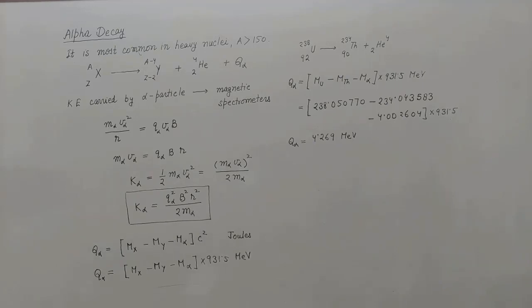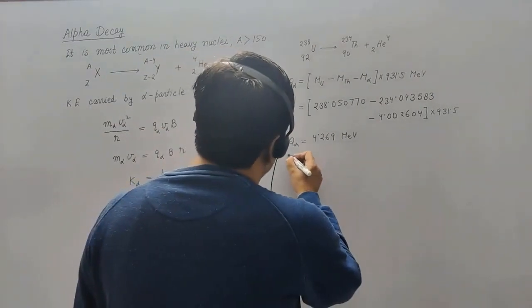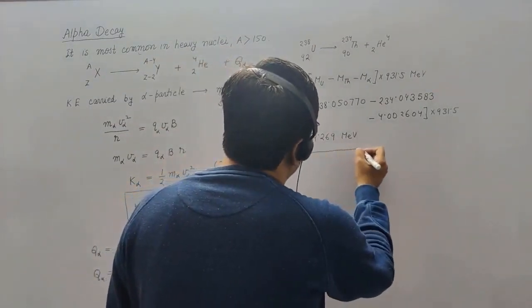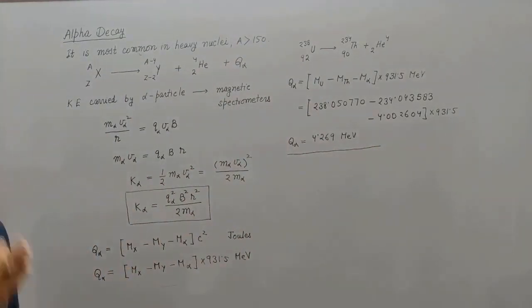Now the question arises, why is this alpha particle decay so common? I just want to give you a heuristic picture. I want to answer this question in a heuristic way.